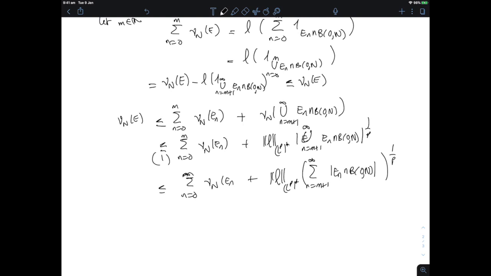This sum has to converge because the E_n are disjoint, and this is a series of non-negative numbers that is uniformly bounded. It's uniformly bounded by the Lebesgue measure of B(0, n), and therefore the series converges. So when you send m to infinity, you get that this tends to this sum here.